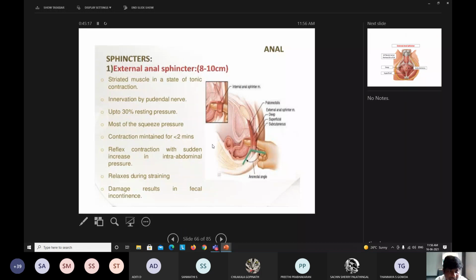It is a skeletal muscle in a state of tonic contraction, with innervation by the pudendal nerve, contributing up to 30% of resting pressure. Most of the squeeze pressure contraction is maintained for less than 2 minutes. It relaxes during straining with a sudden increase in intra-abdominal pressure. Damage results in fecal incontinence.